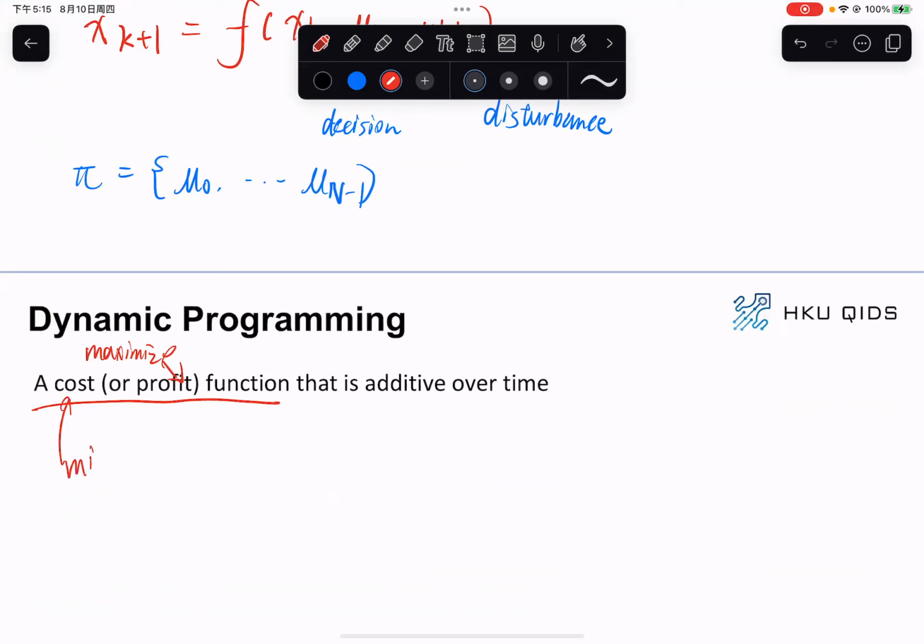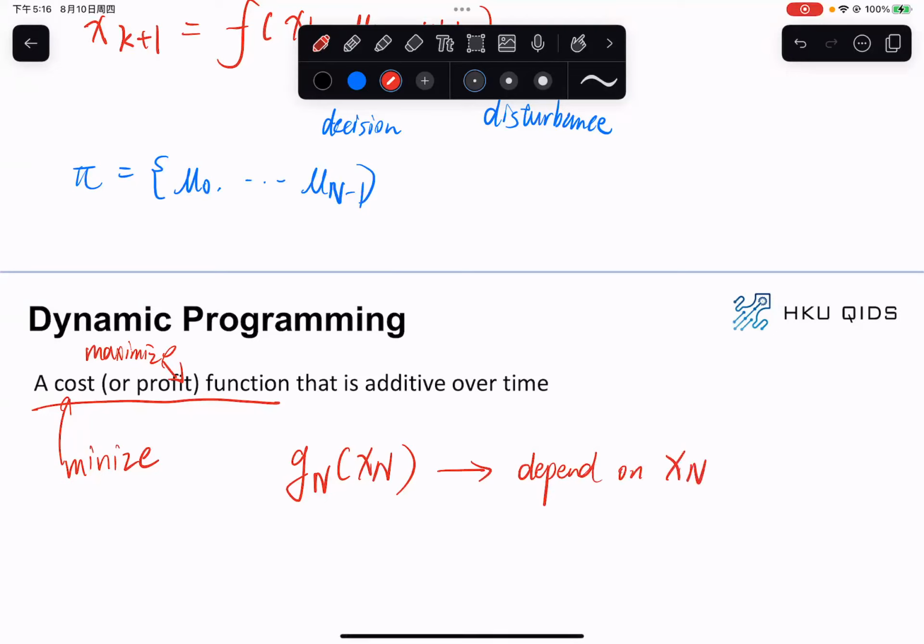If it is a cost function, then it is minimized. We can call the terminal cost g_n(x_n), and this should only depend on x_n, with no relation to all the previous states.